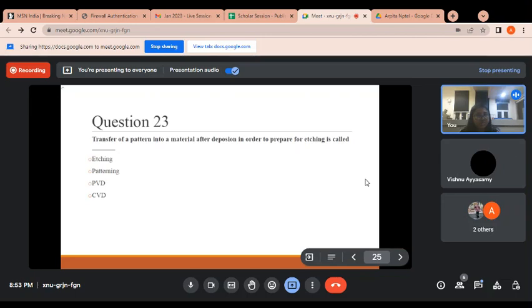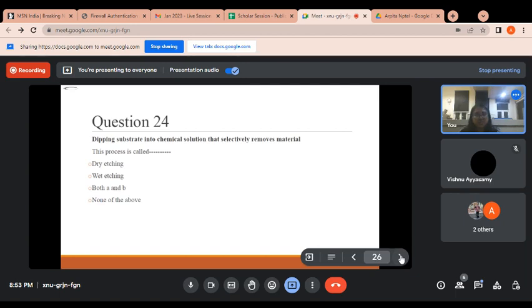It is preparing for etching. Patterning, ma'am. Yes, it is called patterning. A pattern is transferred from the mask to the deposited layer. So it is called patterning.